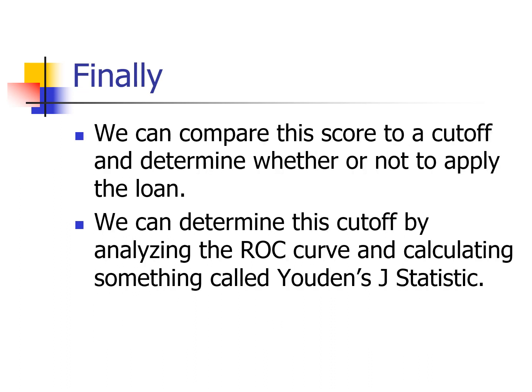So we compare this score to a cutoff value to determine whether or not to approve the loan. We can determine the cutoff by analyzing the ROC curve. Remember I went back to that C statistic, which I said is the area under the curve. The curve I'm referring to when I say area under the curve is the ROC curve. It's a bit technical. We will talk about it in a lot of detail in Stat 507.